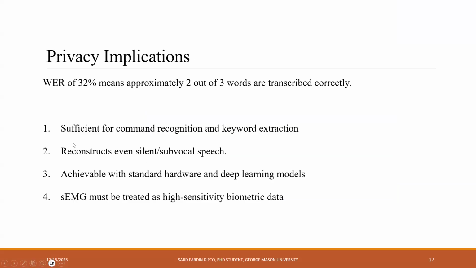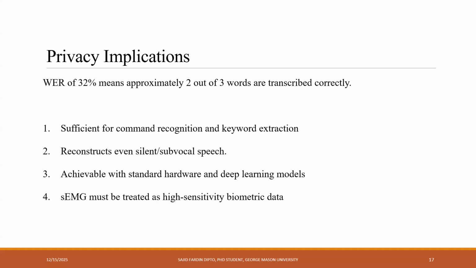this level of accuracy, almost 32% word error rate, means that out of 3 words, 2 are actually transcribed correctly. And it is actually sufficient for any kind of command recognition or keyword extraction.